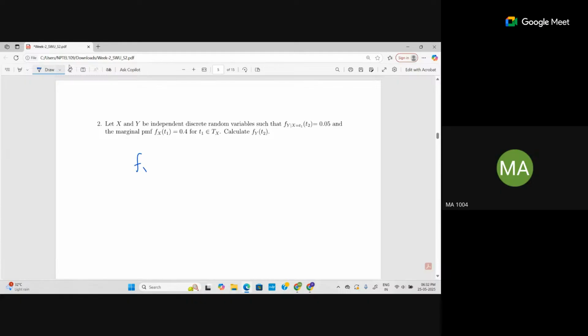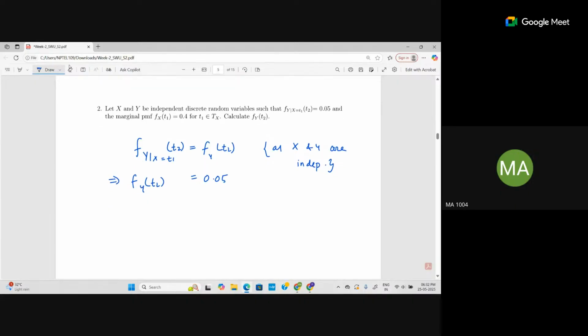Okay, so y given x equals t1, conditional is equal to unconditional, ma'am. Yes, so this will be equal to the unconditional probability of y, as x and y are independent. So from here you can directly say that the marginal of y is equal to 0.05.